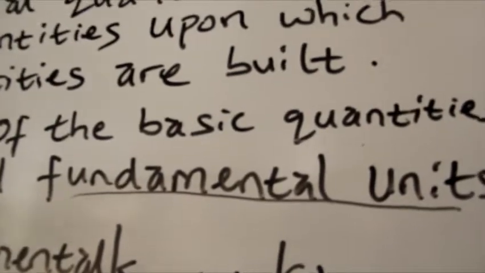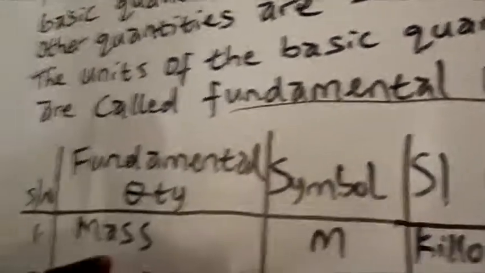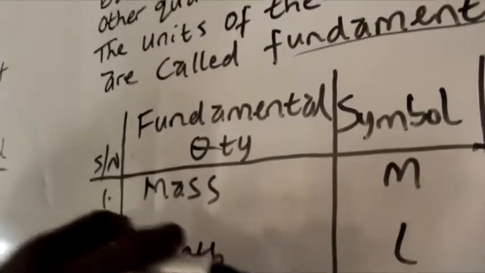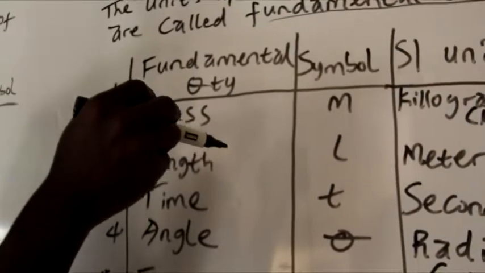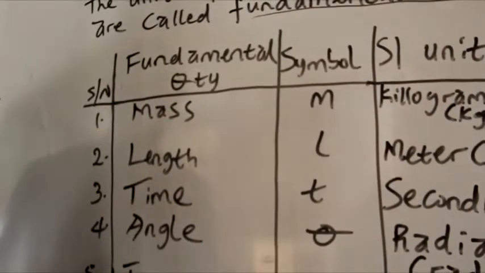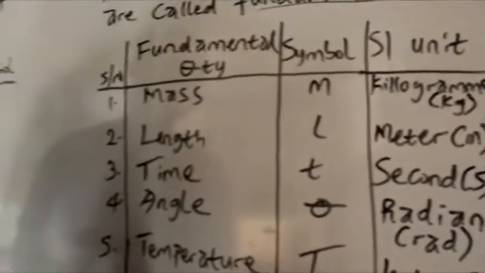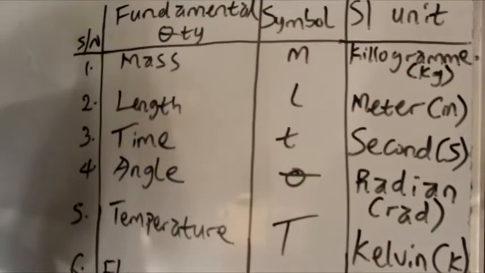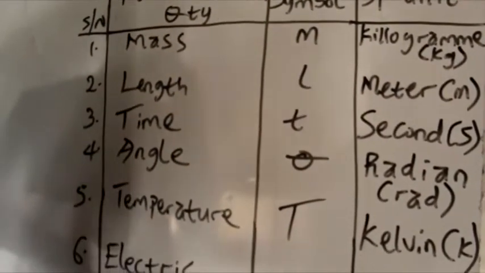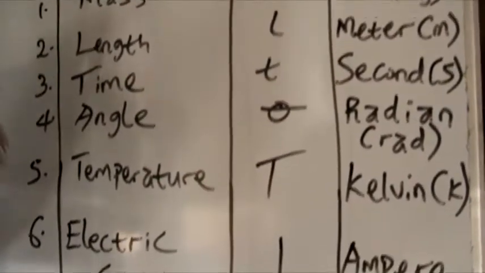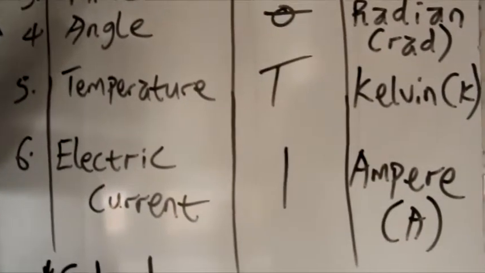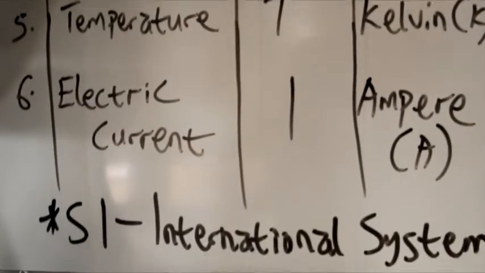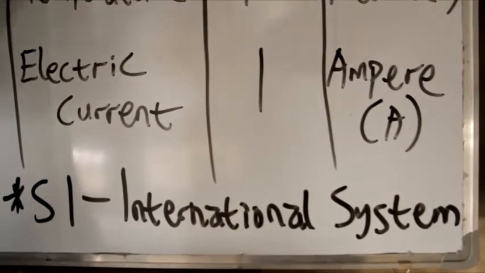This table is a table of some fundamental quantities, their symbols and their SI units. I just have 6 here. The first assignment is to give me an example of a fundamental quantity, its symbol, and its SI unit in the comment section. SI unit is derived from a French word, Systeme International.